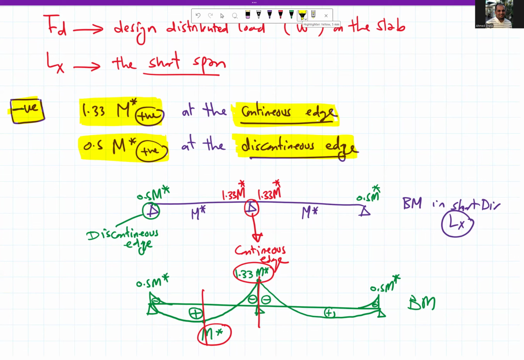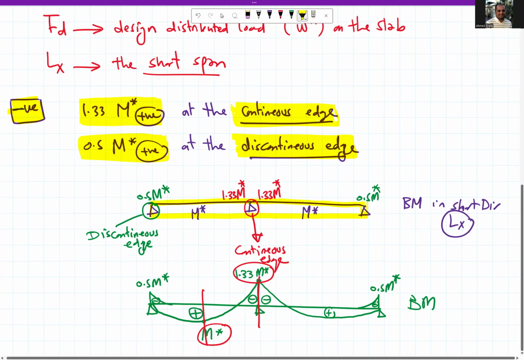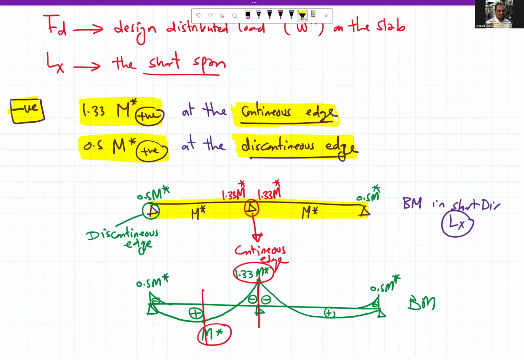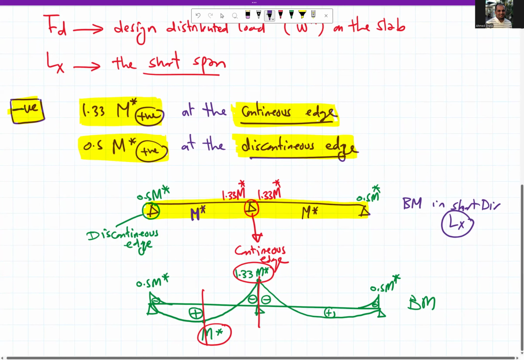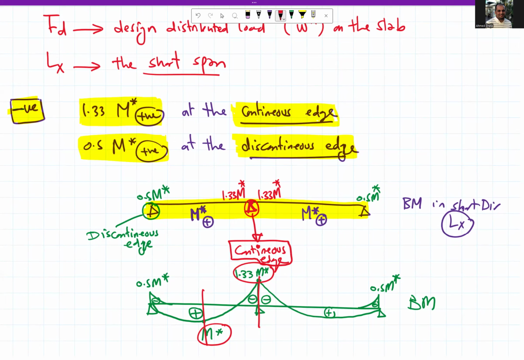This means that if we have our bending strip, and we have calculated the bending moment at midspan as M* positive, and here M* positive, then the moment at this point, our continuous edge, will be 1.33 M*, because this is a continuous edge.